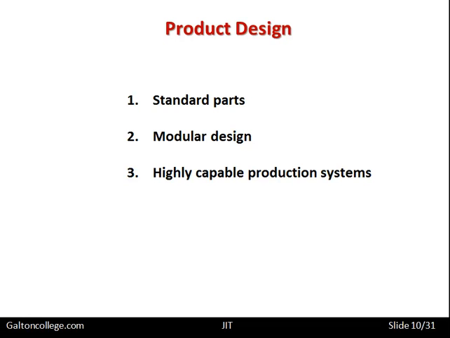And the product should enable the machines and the personnel to work to very high standards, very fine tolerances, but at the same time to be able to produce significant numbers in a given time period.